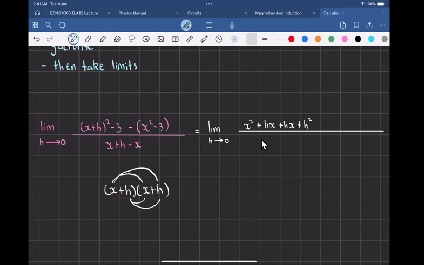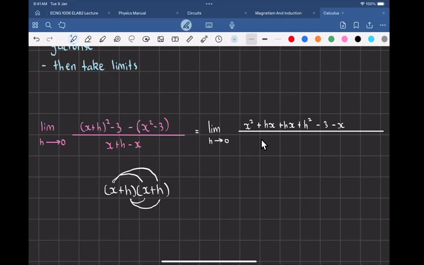What next? You put back the minus 3, then you put back the minus x squared minus 3. We had to expand that too.